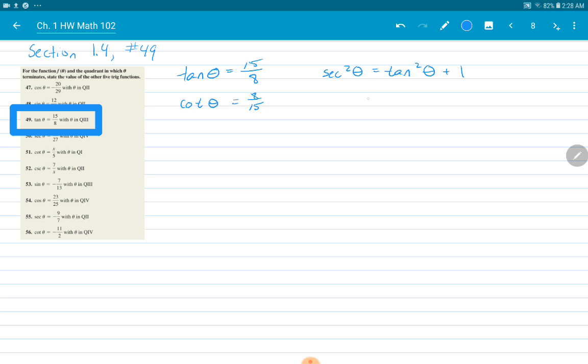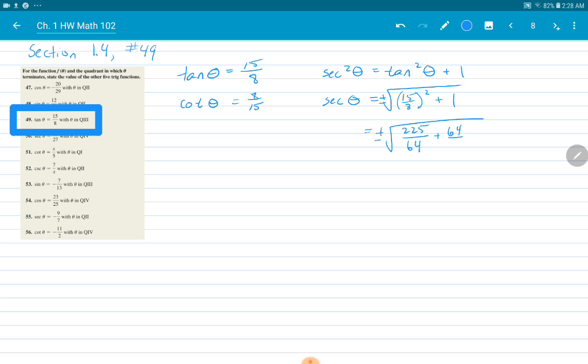So I have secant squared equals this, so that means secant equals the square root of that. It's plus or minus. Tan squared is 15/8 squared plus 1. And plus or minus square root of 15 squared is 225, 8 squared is 64, and then adding 1, I'm going to change the denominator.